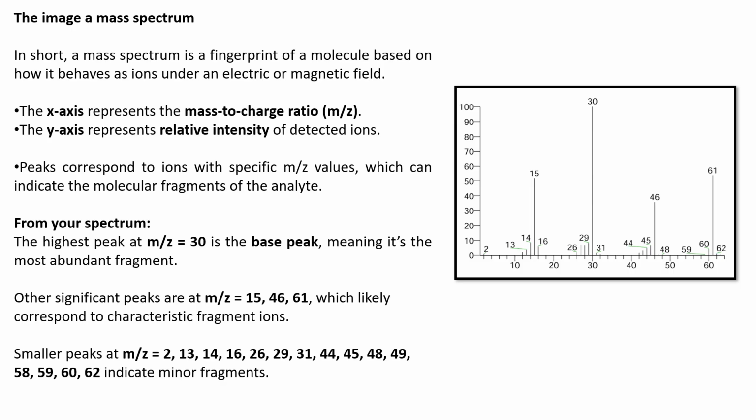So this is the image of a mass spectrum. In short, a mass spectrum is a fingerprint of the molecule based on how it behaves as ions under electric or magnetic field. The x-axis represents mass to charge ratio. So this x-axis will represent m by z ratio.